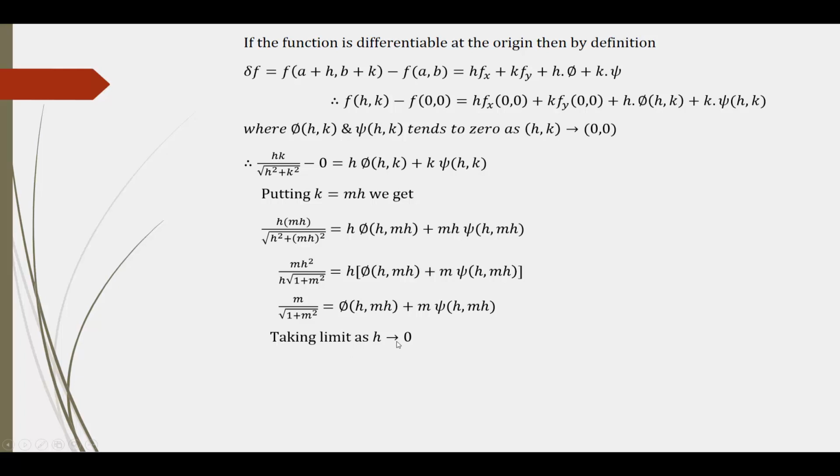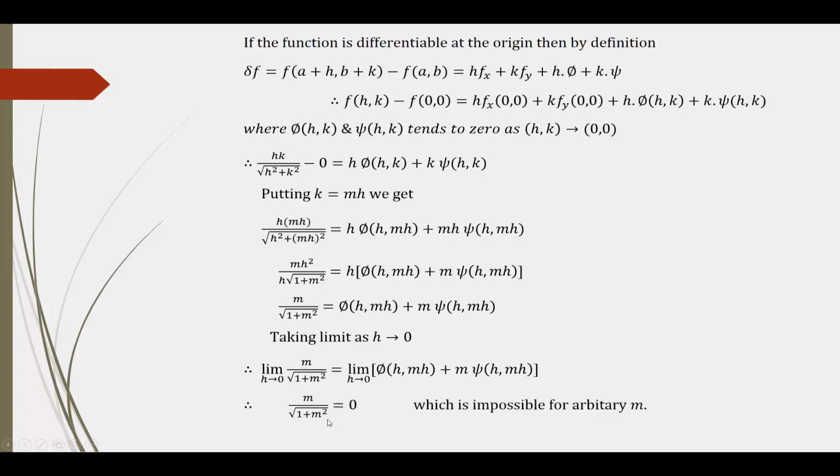Taking the limit as h tends to 0 on both sides, the limit of m upon square root of 1 plus m squared equals the limit of phi(h,mh) plus m into psi(h,mh). Now the limit of m upon square root of 1 plus m squared is m upon square root of 1 plus m squared, and the limits of phi and psi are 0, therefore 0 plus 0.